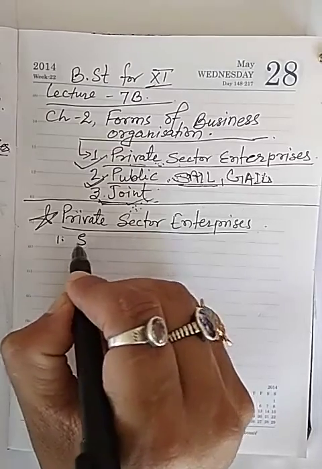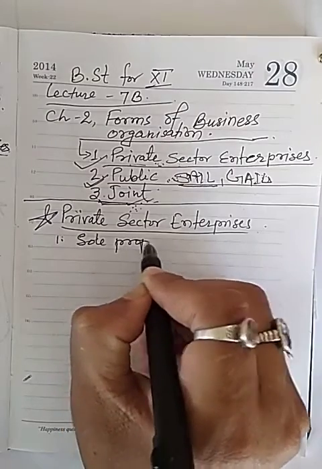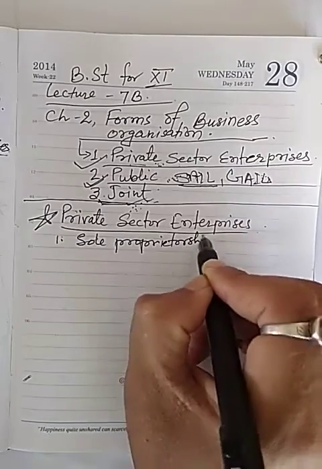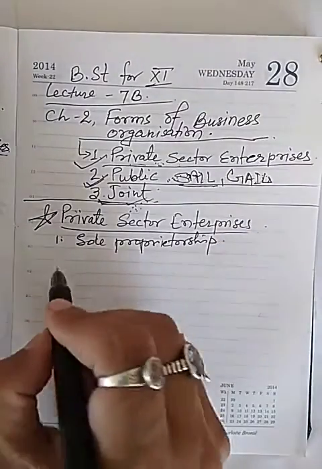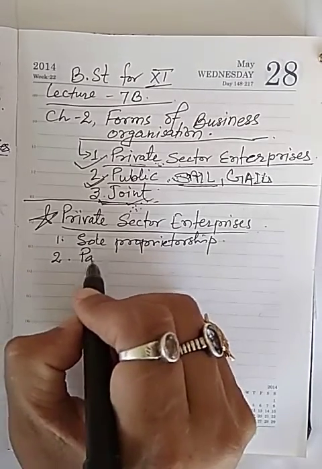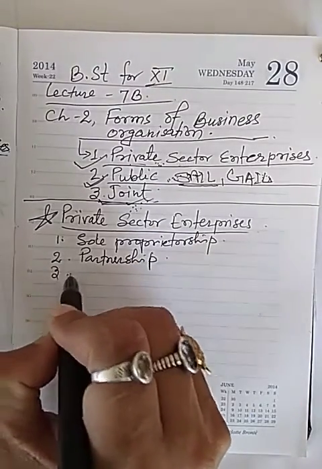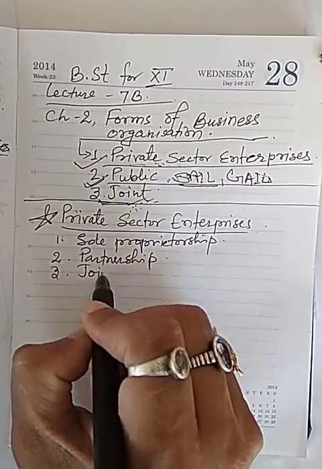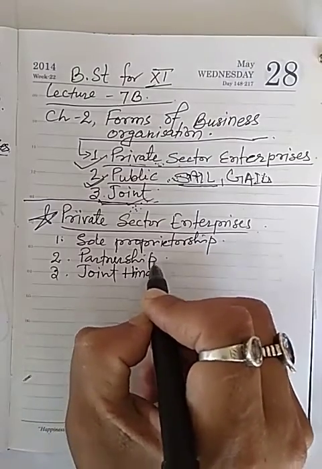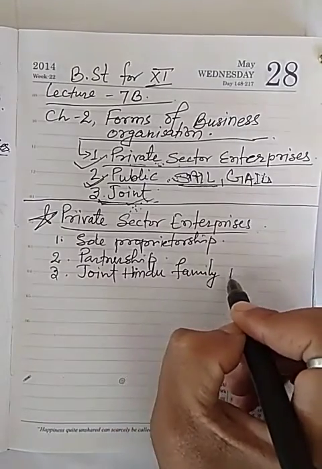First is sole proprietorship. Second is partnership. Third, joint Hindu family business.